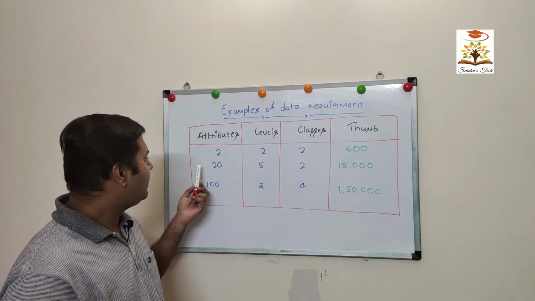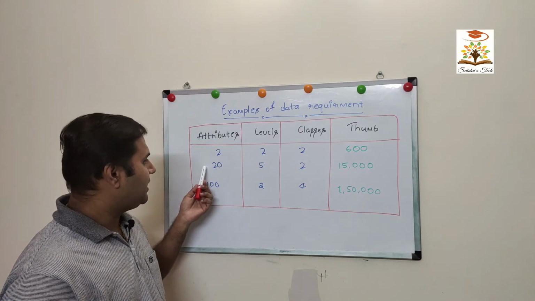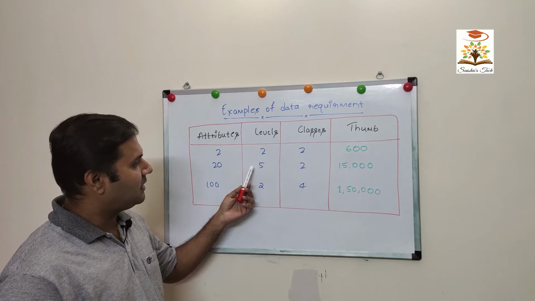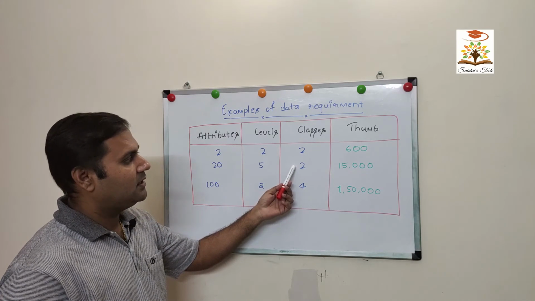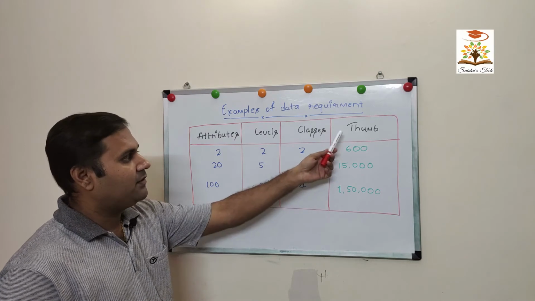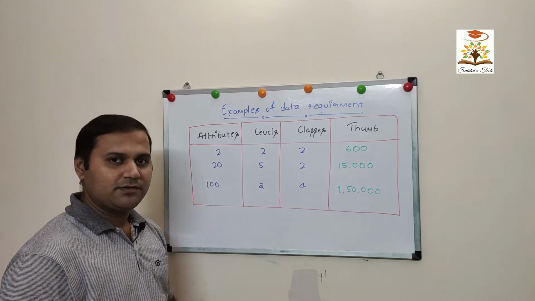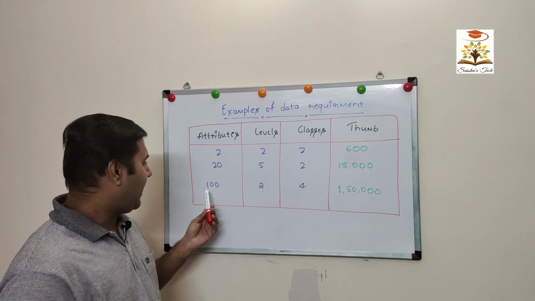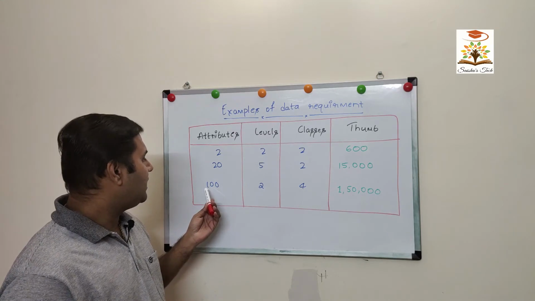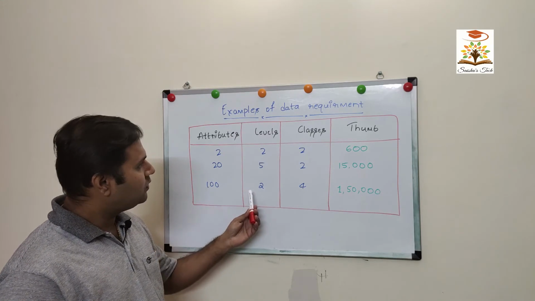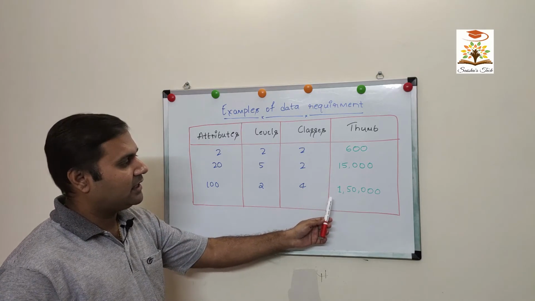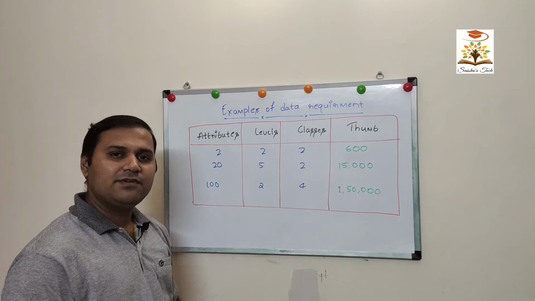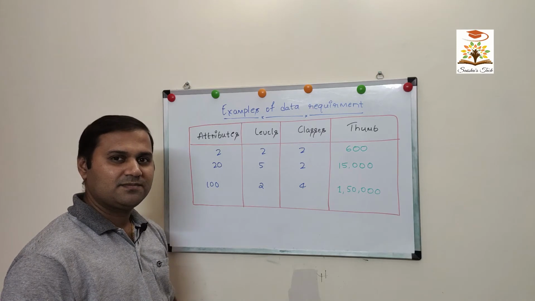Similarly, if the total number of attributes is 20 and the total number of levels is 5 and the number of classes, that is the target variable levels, is 2, then we would require 15,000 observations. And if there are totally 100 attributes, 2 levels and 4 classes, then the data requirement would be 1,50,000 observations.